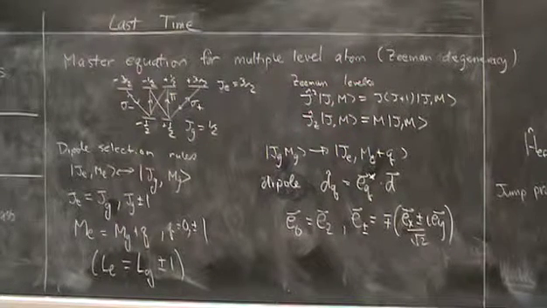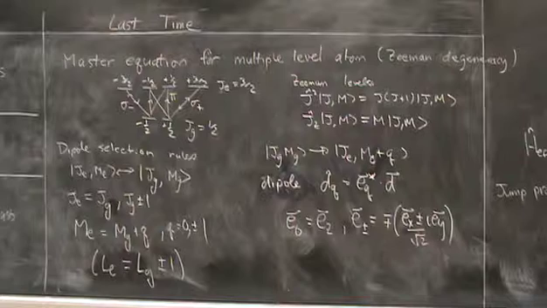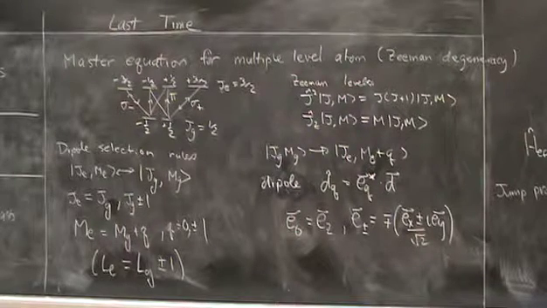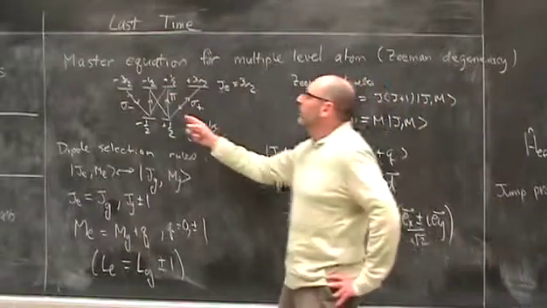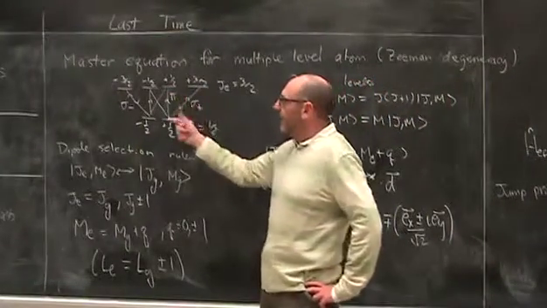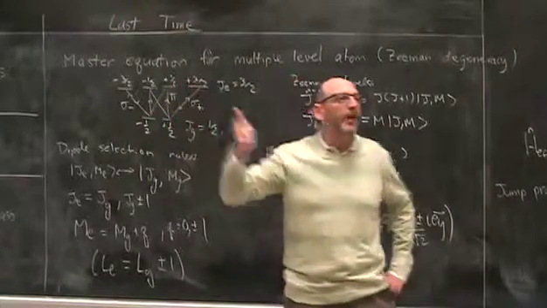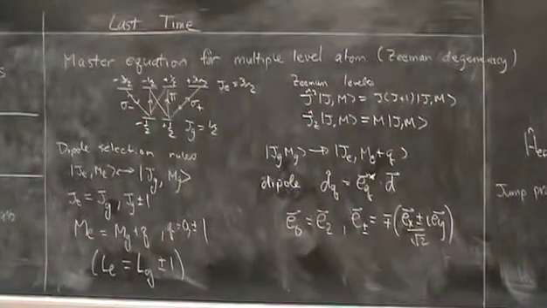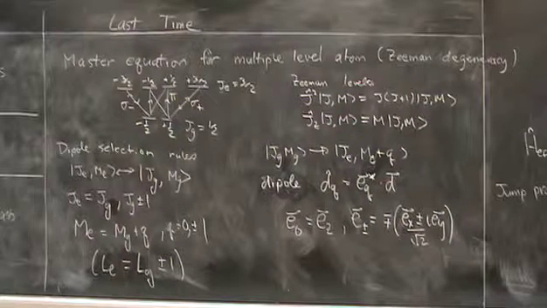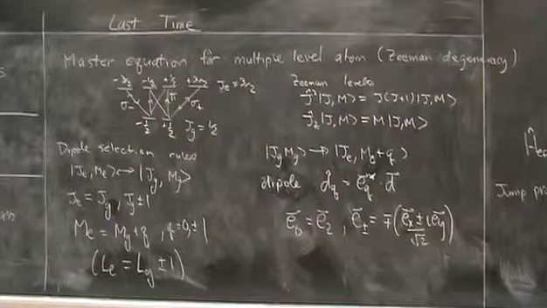Or the dipole is rotating either clockwise or counterclockwise, right-handed or left-handed with respect to the z-axis, in which case we drive transitions, if it's right-handed, that go from here to here, increasing m by 1, those are sigma plus, or the other way are sigma minus. All right?